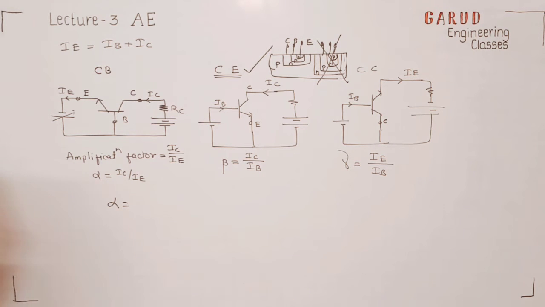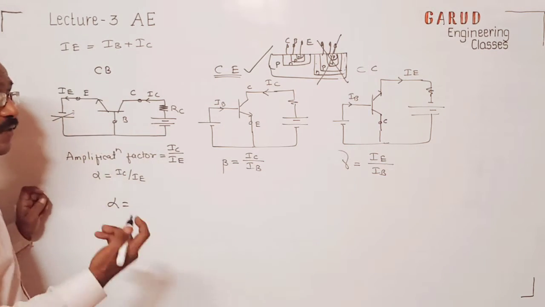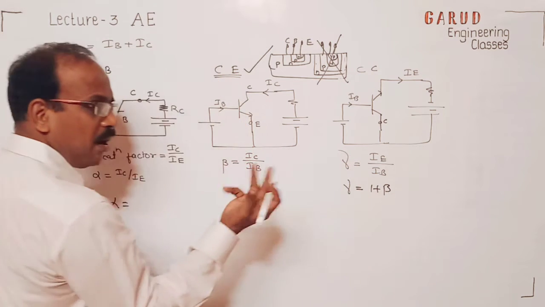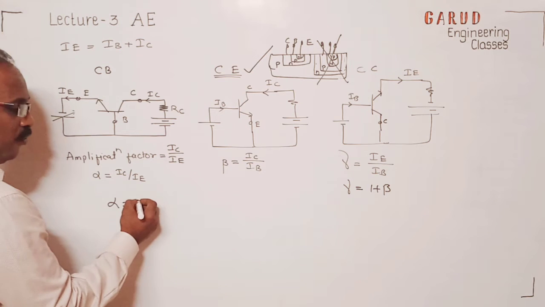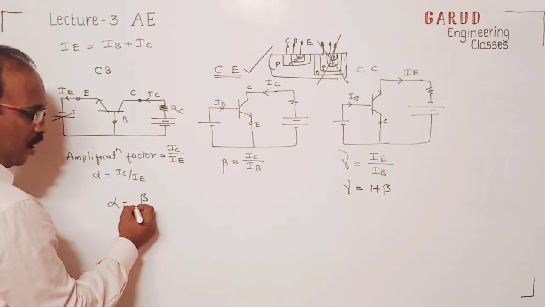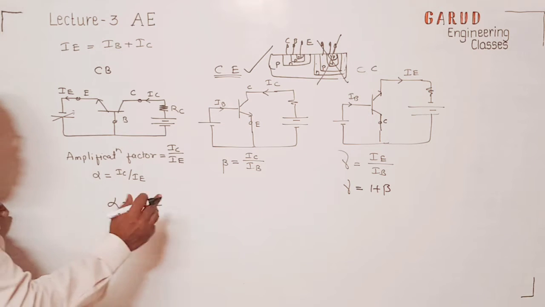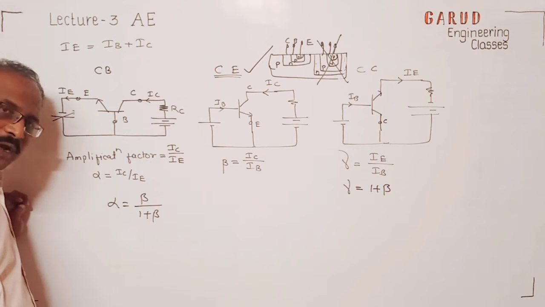Sometimes they ask for 2 marks, or for problem analysis and all, so you need to know that. For example, gamma equals 1 plus beta. But how? Correct. Alpha equals beta upon 1 plus beta. But how? Suppose the problem is given in alpha and you want to convert it into beta, in common emitter.